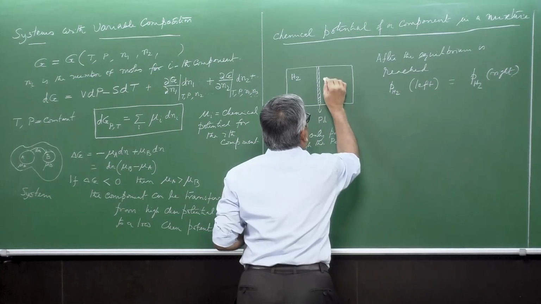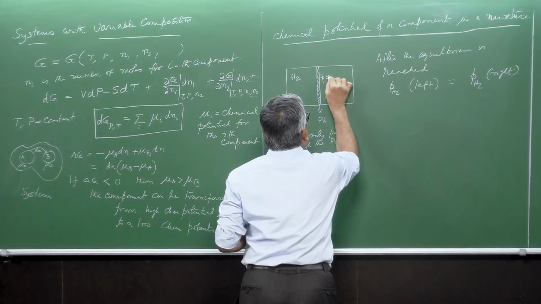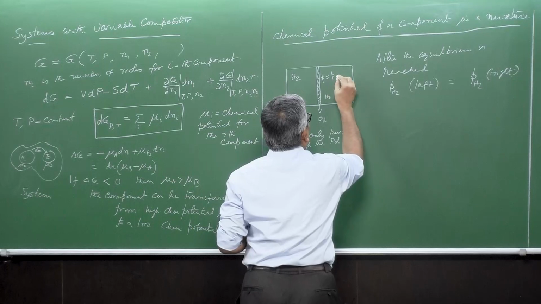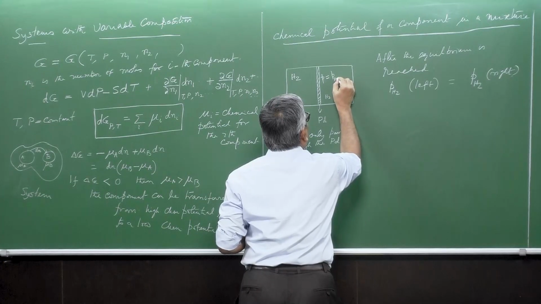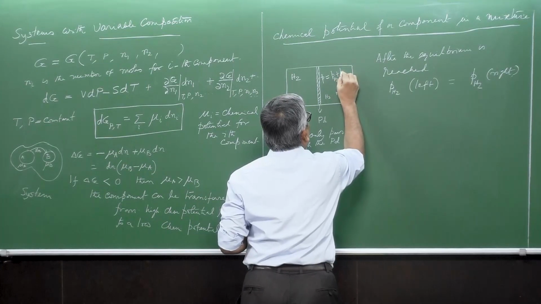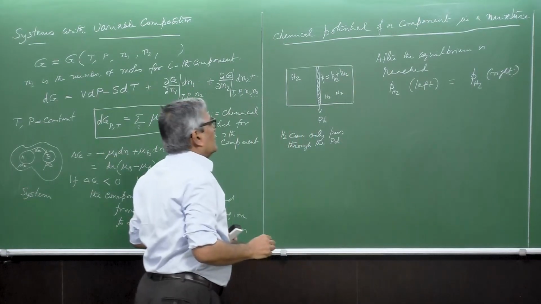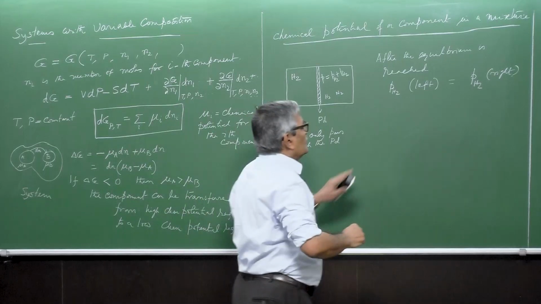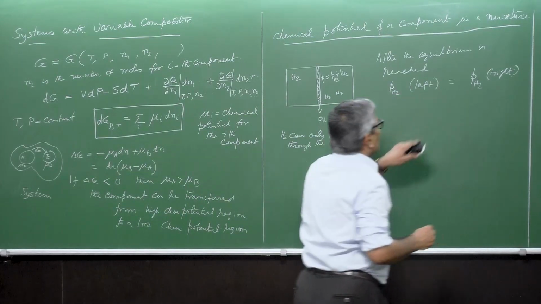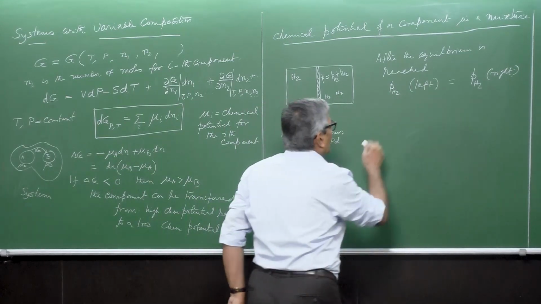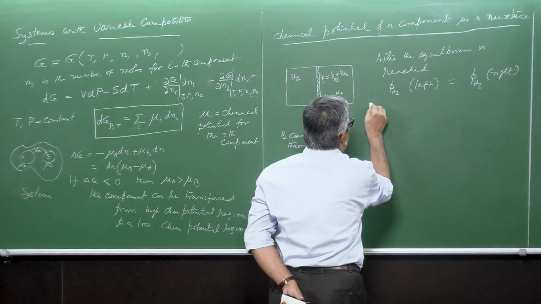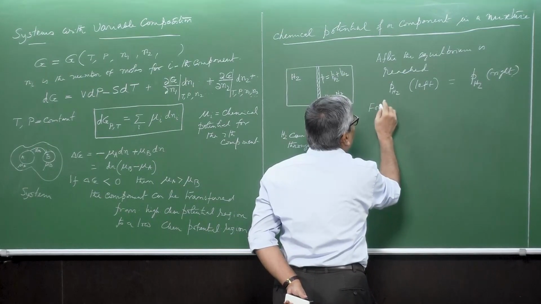Where P is the total pressure, composed of the partial pressure of hydrogen plus the partial pressure of nitrogen. So there is a pressure balance.